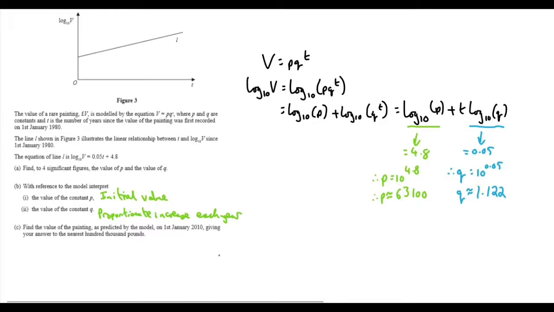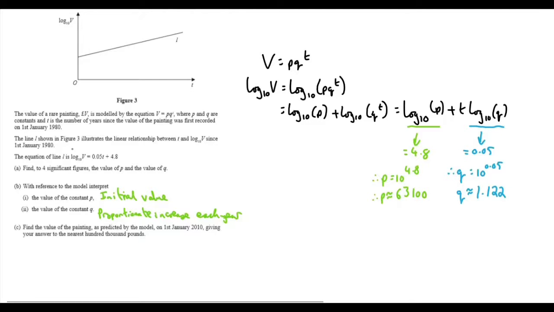Okay. And finally, find the value of the painting as predicted by this model on January 1st, 2010, giving your answer to the nearest £100,000. Well, now that we know what p and q are, we can just plug a t value in.